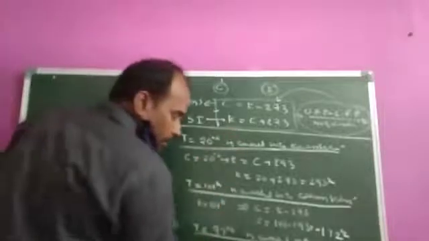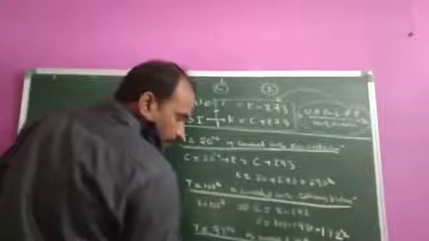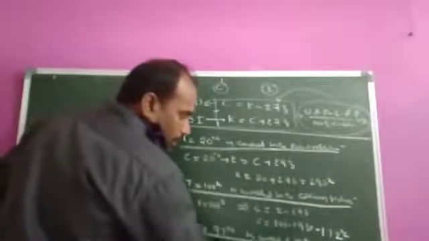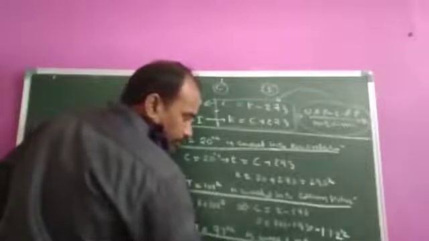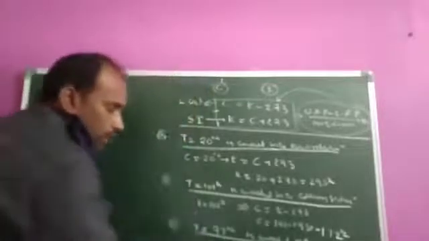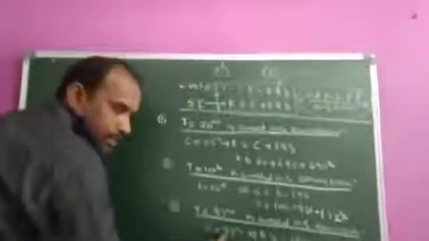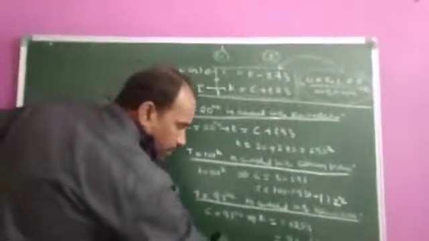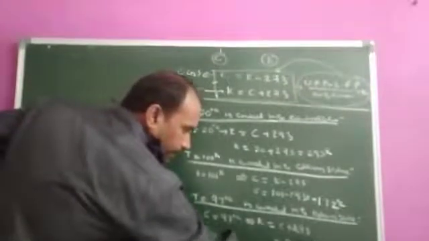What is the formula? K is equal to C plus 273. What is the value of C? 97. Substitute here: 97 plus 273.